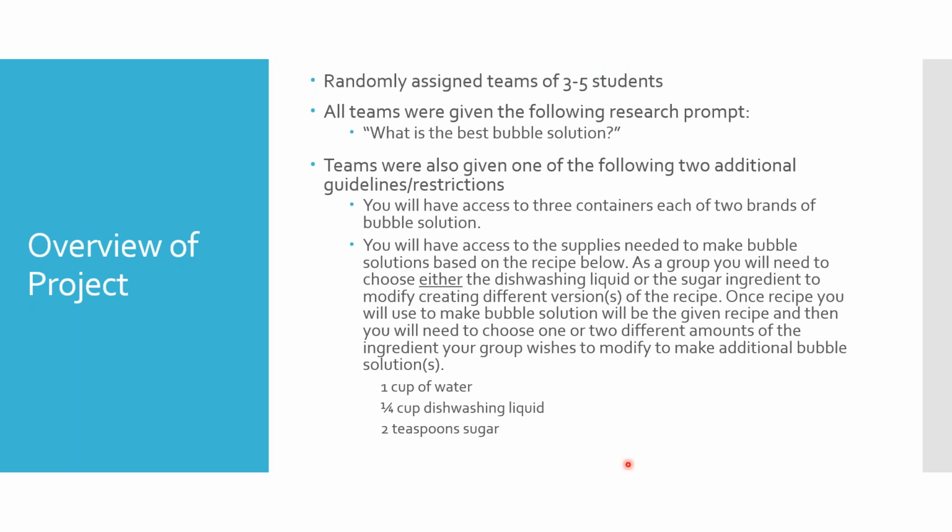This is another reason why I chose bubbles, what's the best bubble solution, because we could look at the same question in different ways. And we had some really good class discussions about the conclusions you can make from each of these 2 scenarios. So if you found a difference in the 2 brands, you wouldn't know exactly how they were different or why they were different, just that they differed in some way.